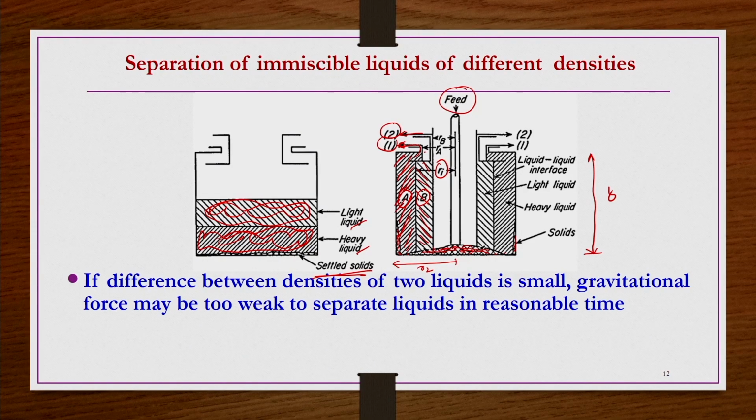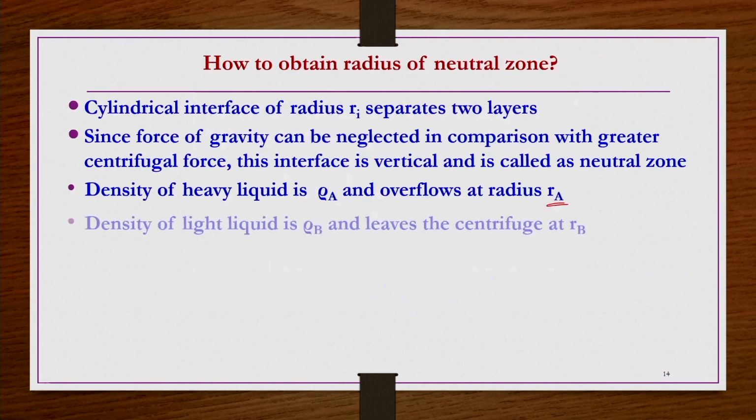This Ra is the location of the overflow ducts from where the heavy liquid is taken from the top. Rb is the distance from the central axis to the location of overflow for the lighter liquid. Similarly, the density of the light liquid is rho B and it leaves the centrifuge at Rb.